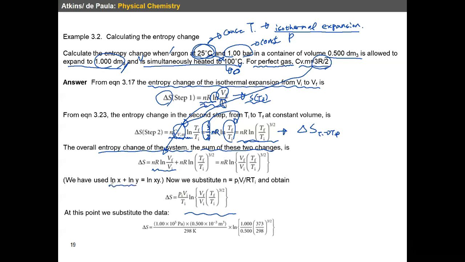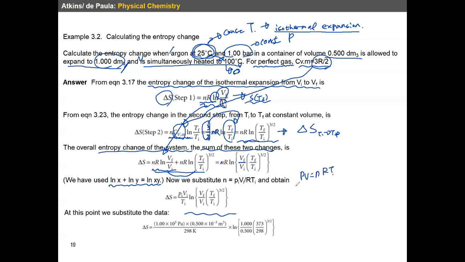And using mathematical rules, we can rearrange these terms as nR ln Vi over Vf multiplied by Ti over Tf to the power 3/2, right? Because this is a perfect gas, PV equals nRT will be satisfied.